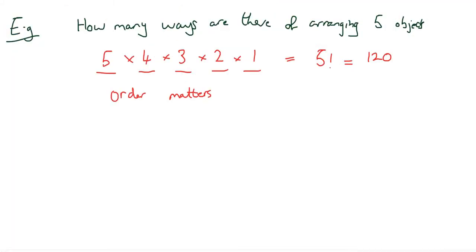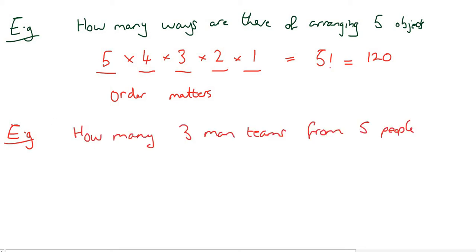Okay, great. Let's say we wanted to see how many possible 3-man teams there are if we start with 5 people. So how many 3-man teams from 5 people? This time the order doesn't matter.